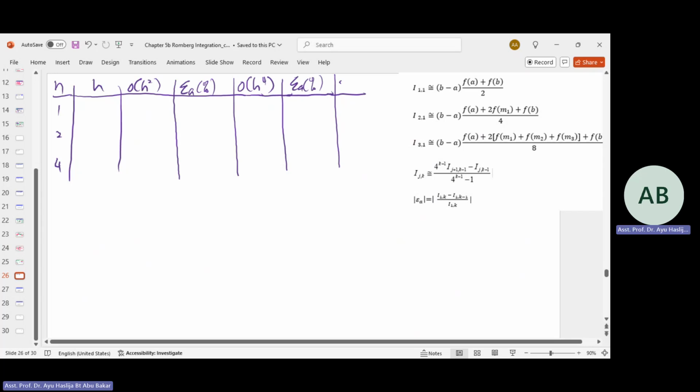Then you should have one more column. My style usually for true error, just the final answer, the final answer compared with the true value. The EA you need to find out for each column.